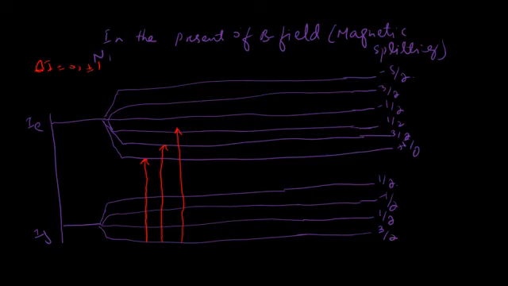Other possible transitions are from plus 1 by 2 to plus 3 by 2, then from plus 1 by 2 to 1 by 2, and then from plus 1 by 2 to minus 1 by 2.